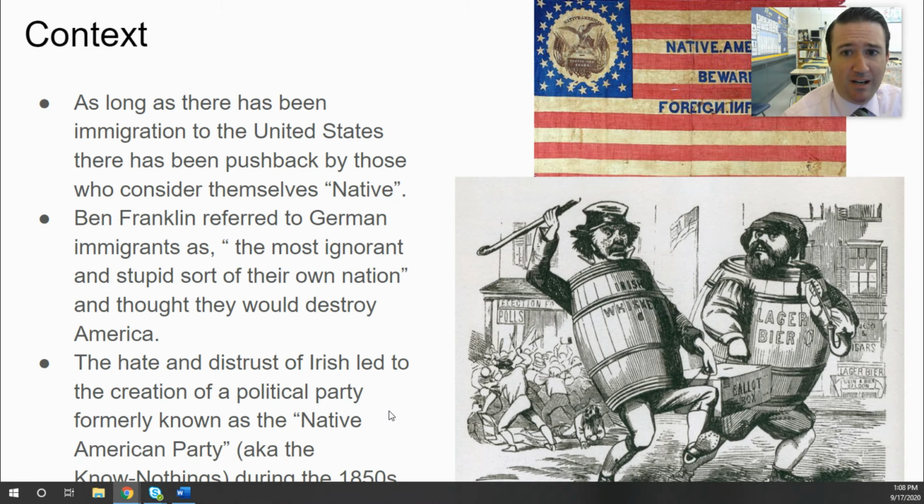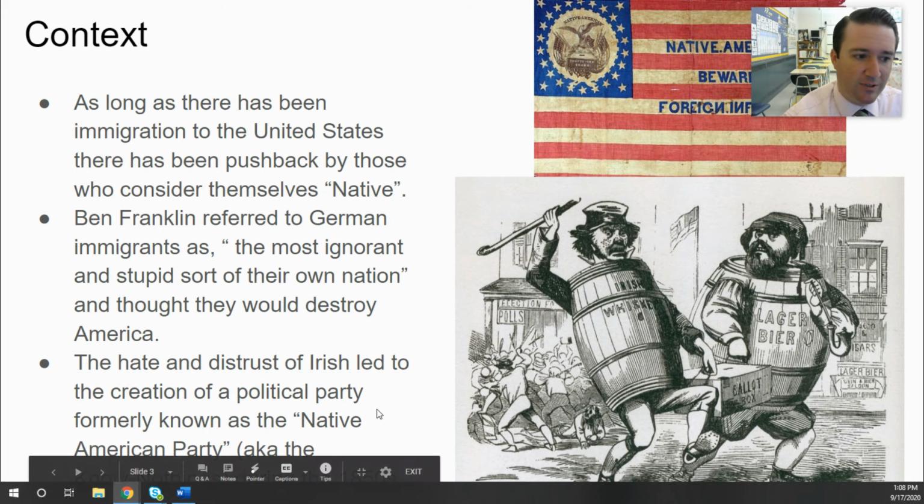But it's not just Ben Franklin's feelings about it. There were other examples in the old wave of immigrants too. There was a political party created in the 1850s because of the distrust of Irish, and how we had large waves of Irish coming because of the potato famine.